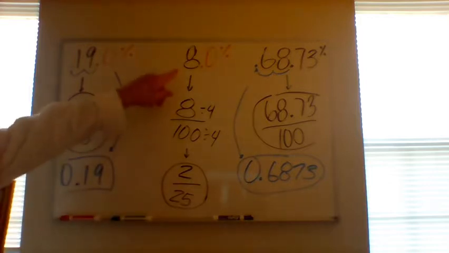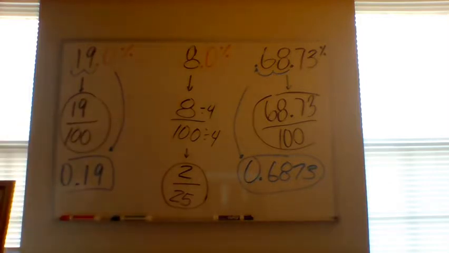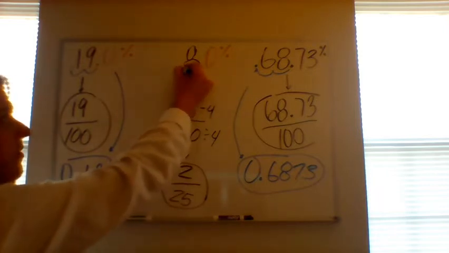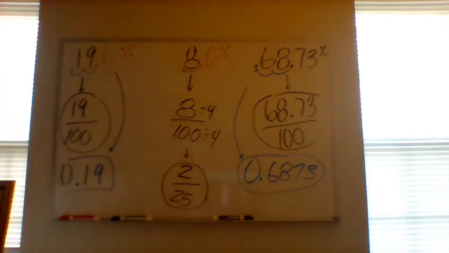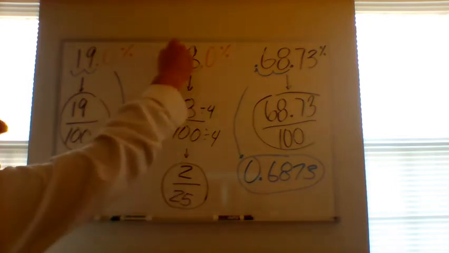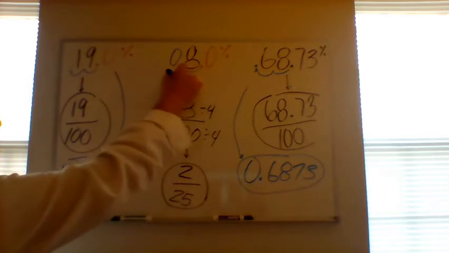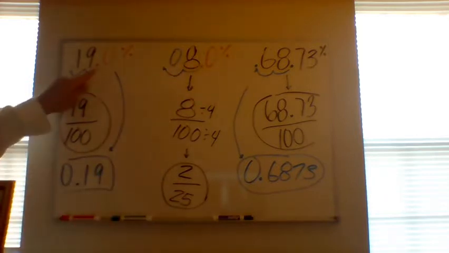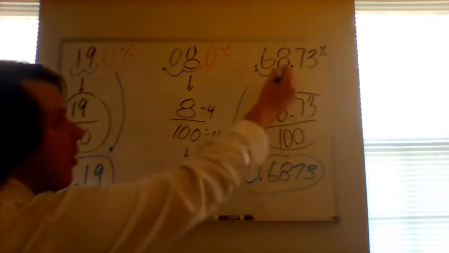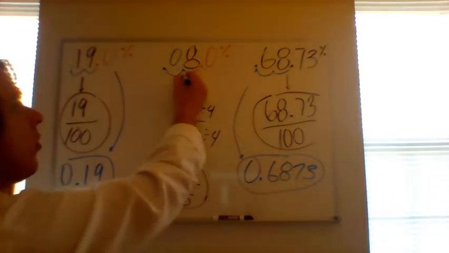This last one is a little tricky because 8 is under the number 10. If you notice, we can only move it one time and we're out of numbers. So if we have a number that's less than 10, we'll just put another 0 in front. Now we'll move it a second time, moving twice to the left, 1, 2.